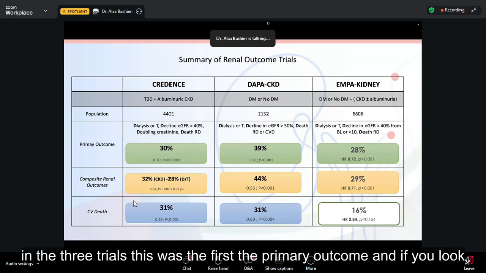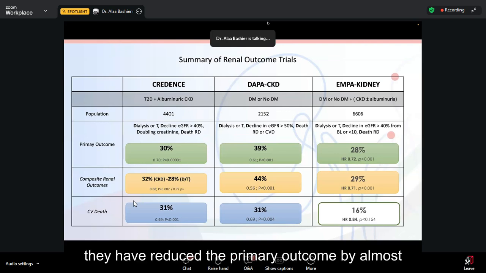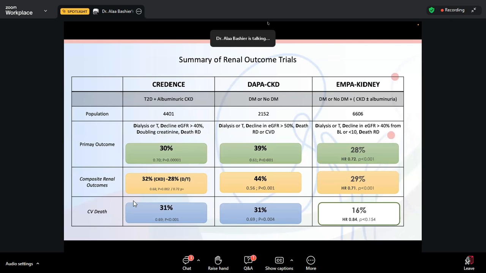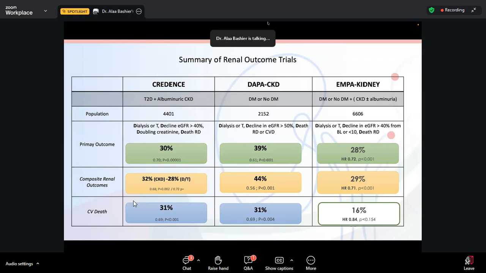In the 3 trials, this was the primary outcome. If you look at the 3 studies, whether CREDENCE, DAPA-CKD, or EMPA-KIDNEY, they reduced the primary outcome by almost 28 to 39%. So a significant reduction in primary outcome.